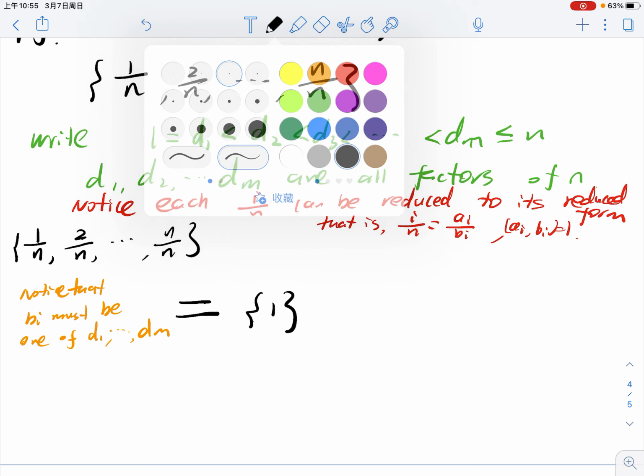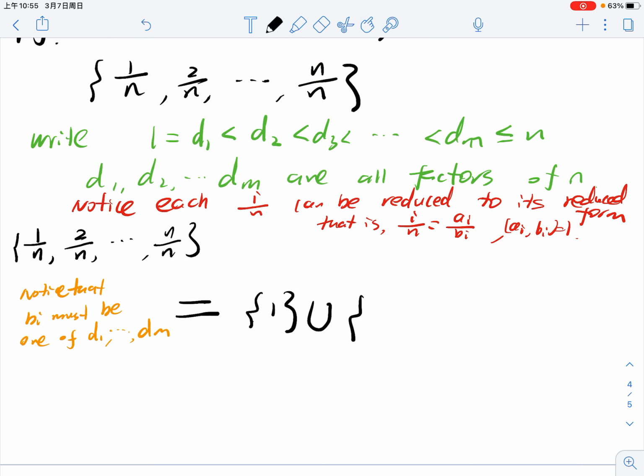And then you consider all the fractions whose reduced form has denominator d2. And how many fractions are there? There are phi d2 fractions. This is by the definition of phi.